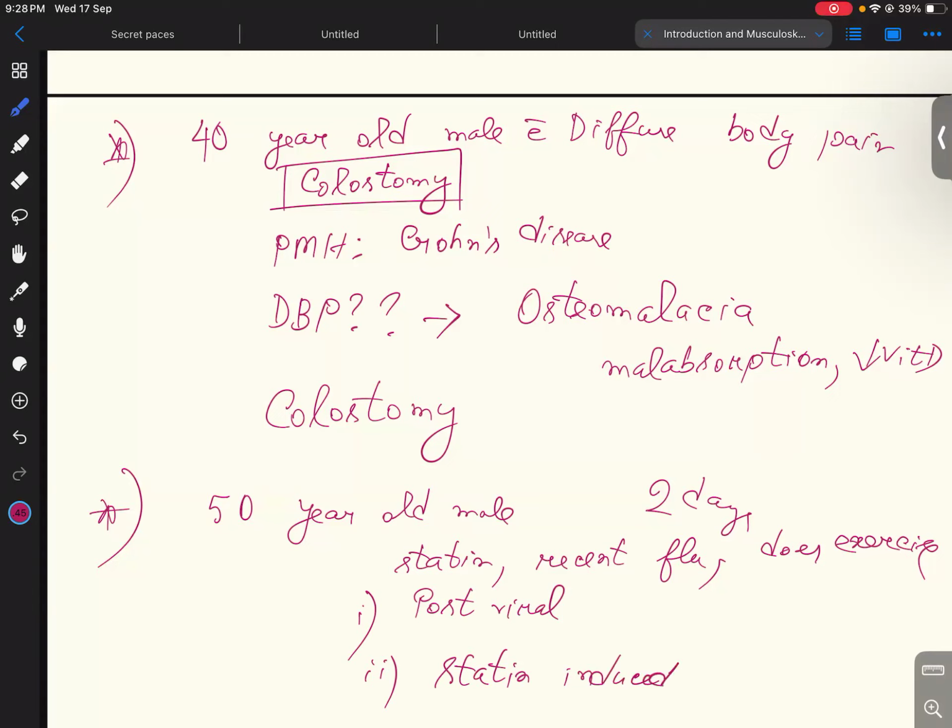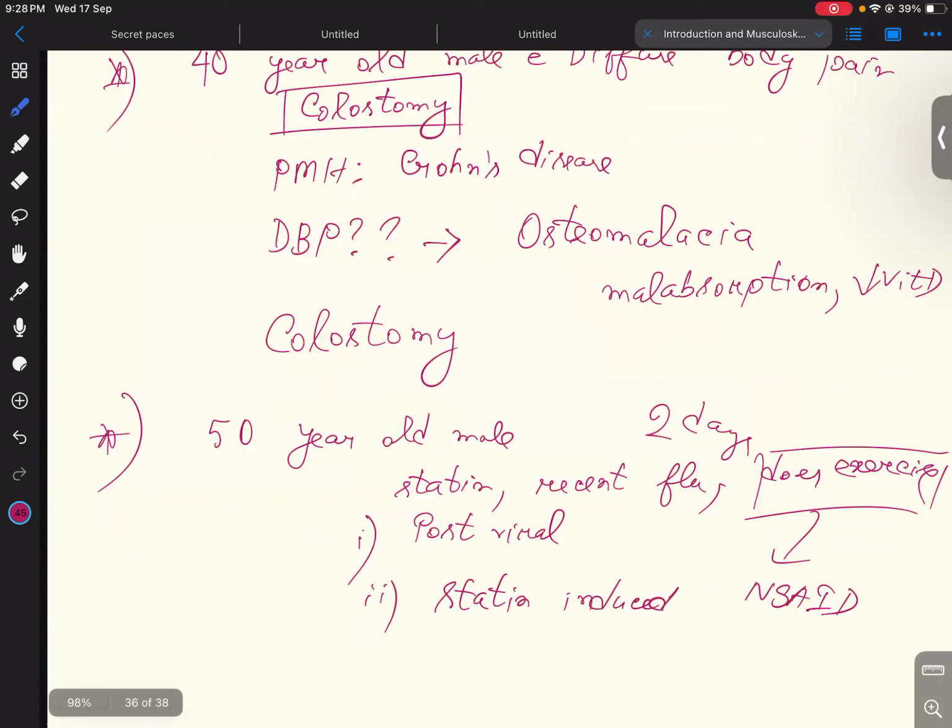And he is doing exercise and he has started taking NSAIDs because he is feeling pain. And recently, his urine output has reduced. So what important safety netting do we have to tell the patient? Stop statin and NSAIDs. Wonderful.